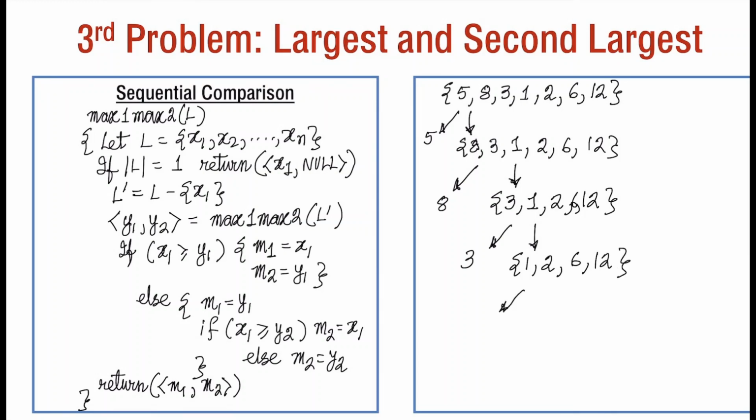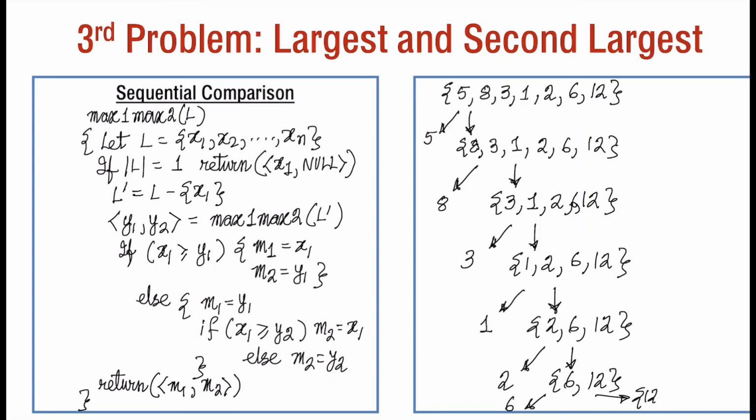Then 1 is taken out, and we have 2, 6, 12. Then 2 is taken out, and we have 6, 12. Then 6 is taken out, and we have 12. And 12 is a base condition, and 12 being the base condition, we start returning from the recursion. So this gives a value of 12, null.